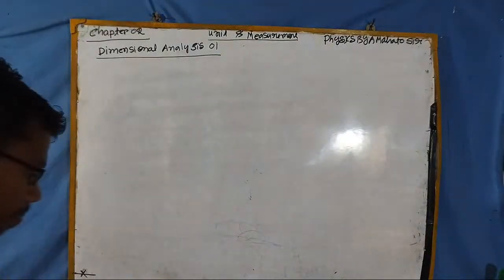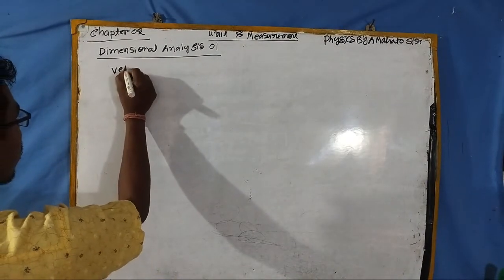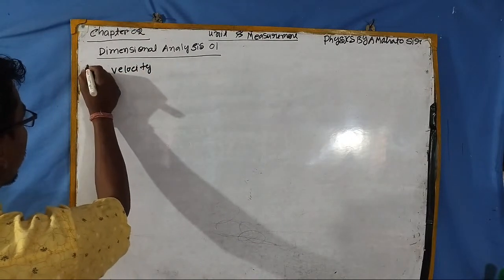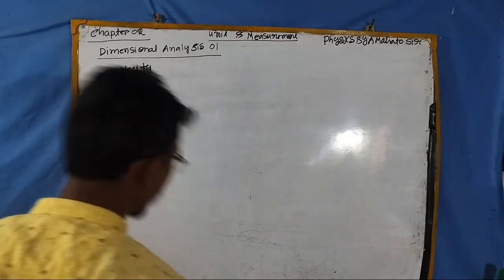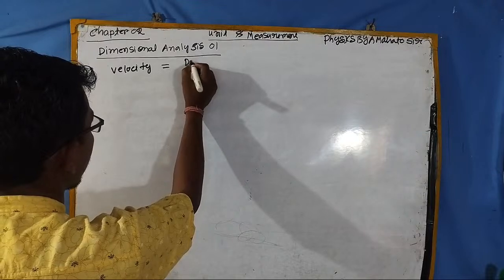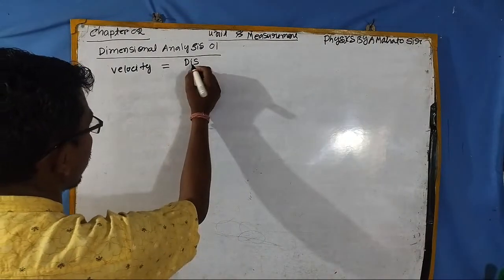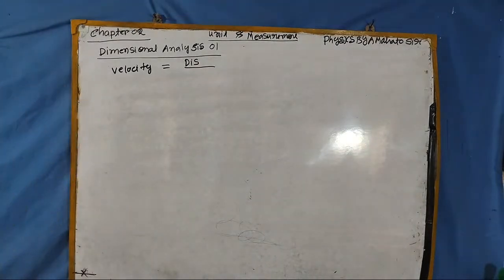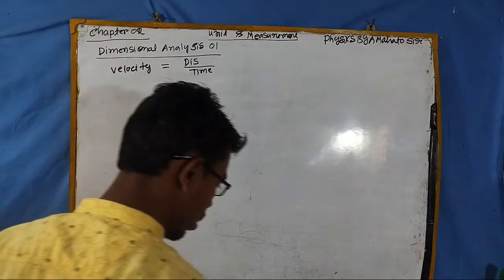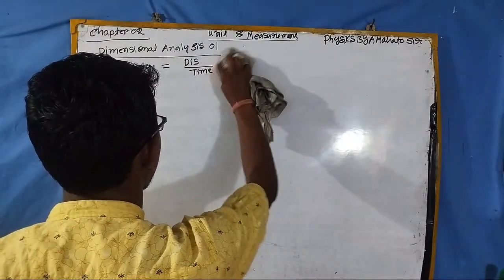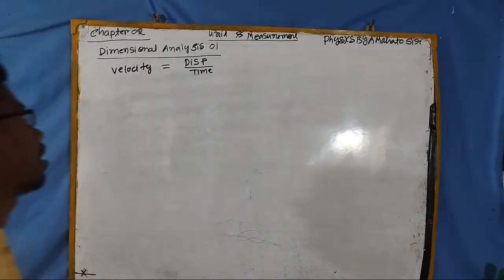Now first, velocity. Velocity is distance upon time, or velocity is displacement upon time.